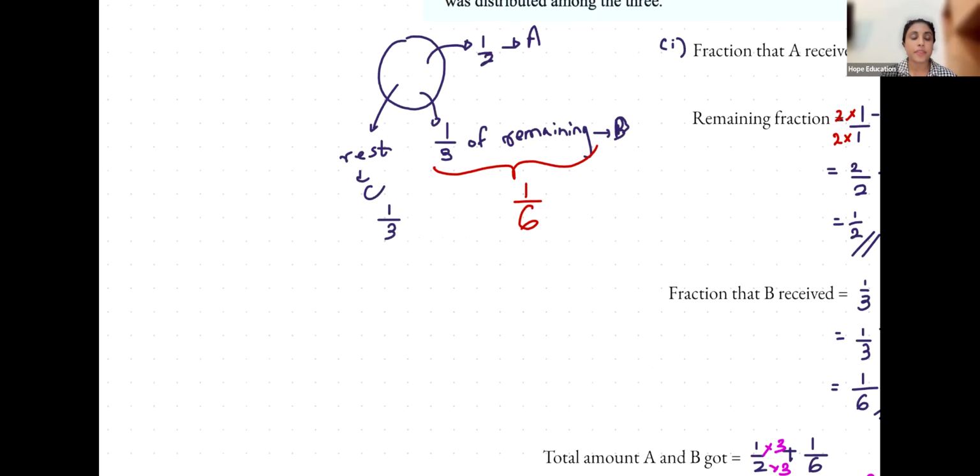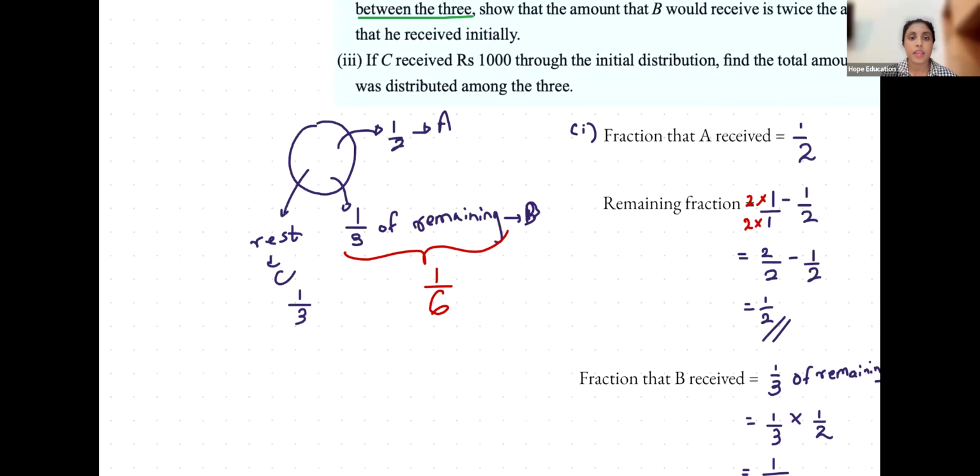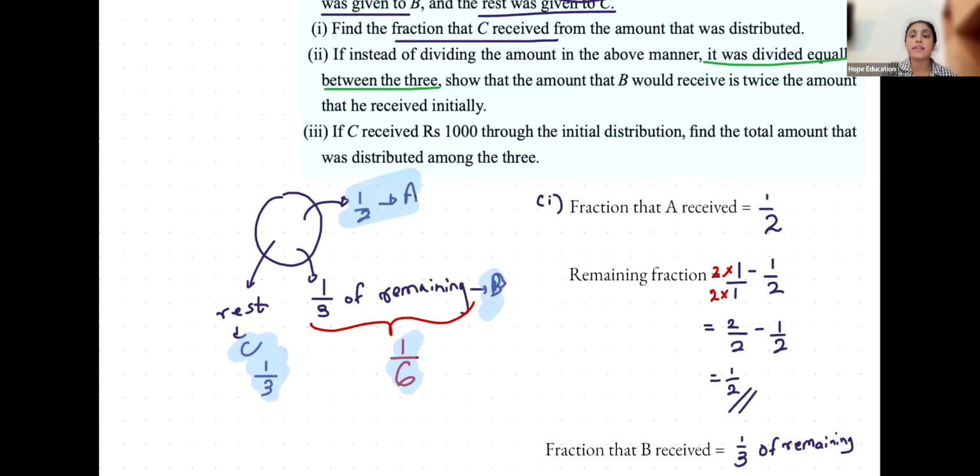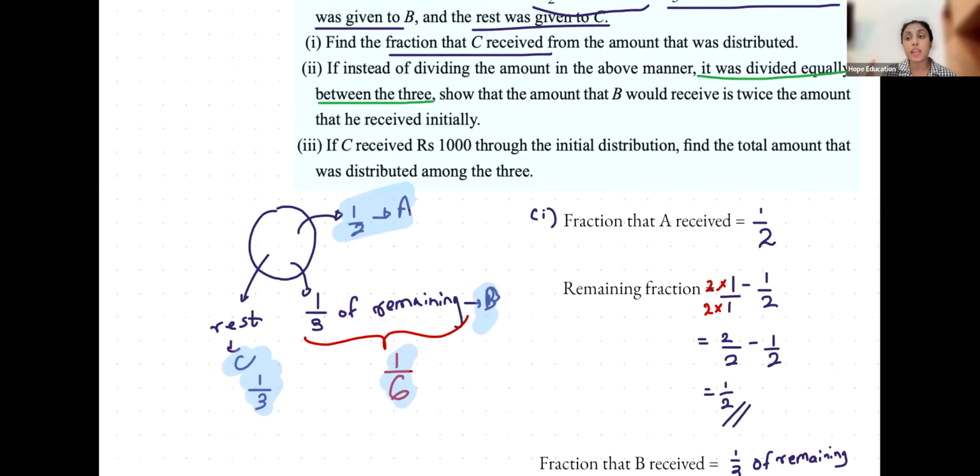So here A got half, B got 1/6, and C got 1/3. But now it's a different situation. Without dividing like this, divide equally among all three. Okay, let's see.